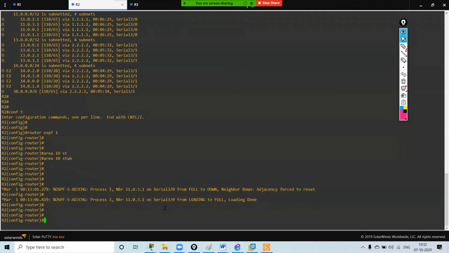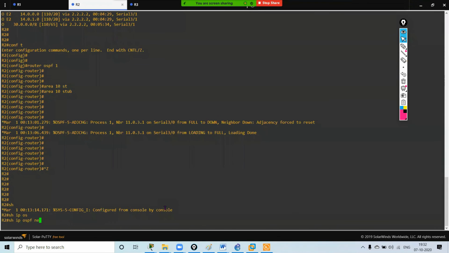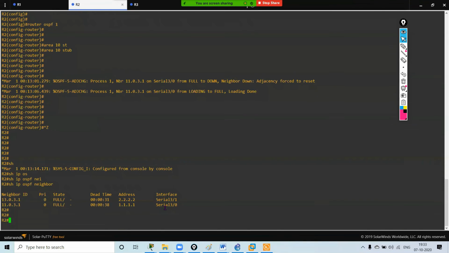Now I am on R2. If I check show IP OSPF neighbor, my neighbors are these routers 13.0.3.1 and 11.0.3.1.